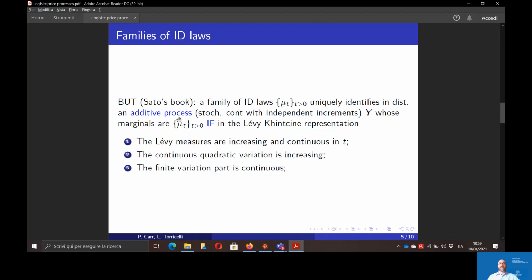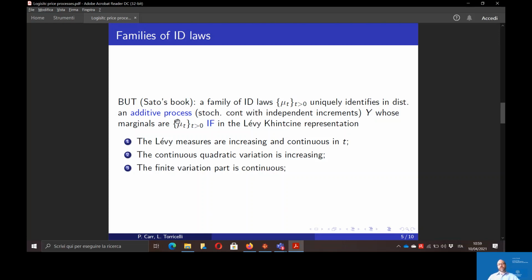the existence of an additive process, provided that the law that you are starting from satisfies some technical assumption on the Levy structure, which in our case turns out to be the case, and that's all we need to verify: the existence of an additive process, which means stochastically continuous with independent increments, supporting the implied price distribution, the underlying security distribution, which in turn determines the formula we started with.